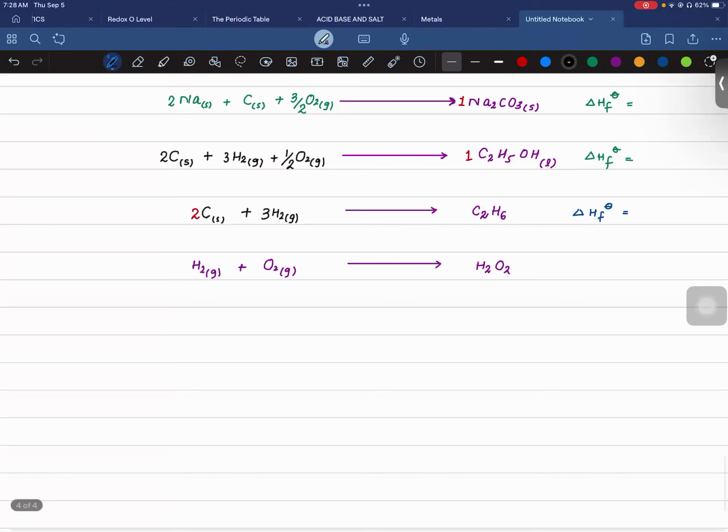Good. To make HNO3, liquid, or I can say this is aqueous. Taha, which reactants am I supposed to take to form HNO3, that is nitric acid? Hydrogen gas plus nitrogen plus oxygen, O2, 3/2 O2.